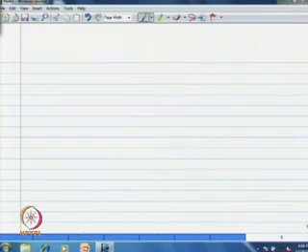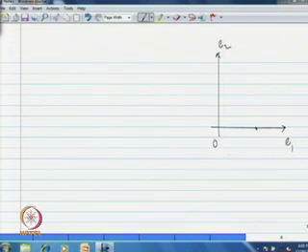Let us now plot the two best response functions and try to find out what is the Nash equilibrium. So, here you have E 1 and E 2, and let us say these are the values half and half. We have seen that if E 2 is less than half, then there is no best response for firm 1.